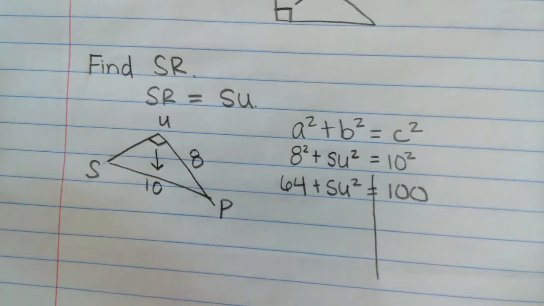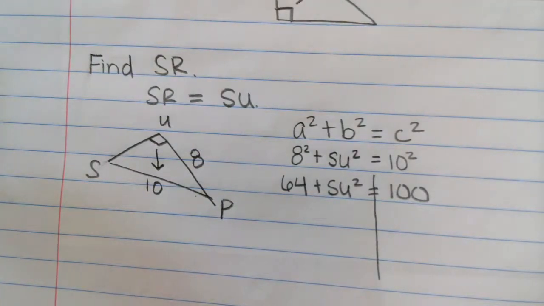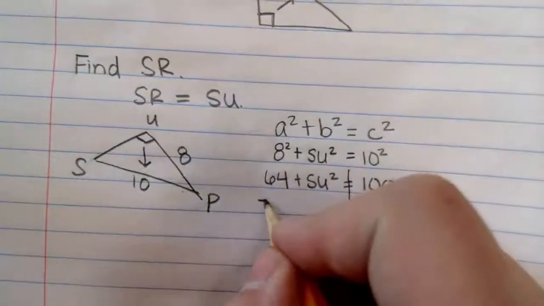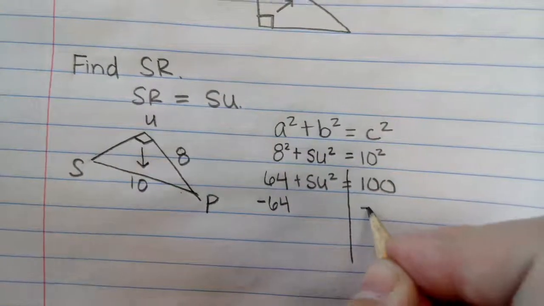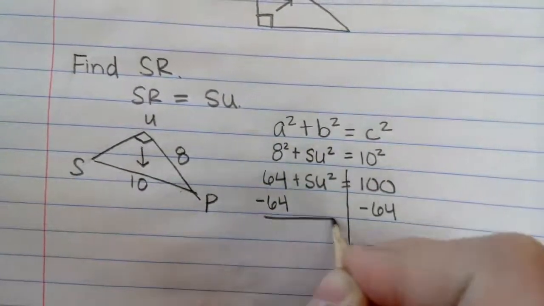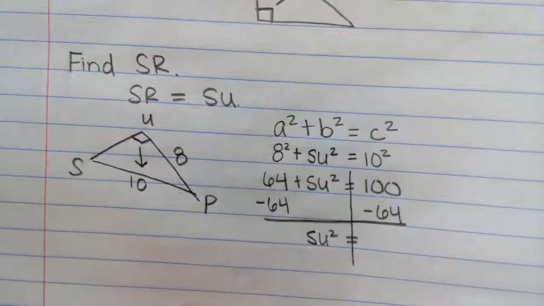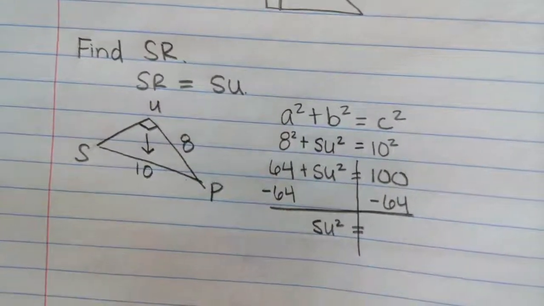We're going to try and find SU, the value of SU, because we know that's the same as SR. So what am I going to get rid of first, the 64 or the squared? 64. How do I get rid of adding 64? Minus, good, both sides. So SU squared equals 36.